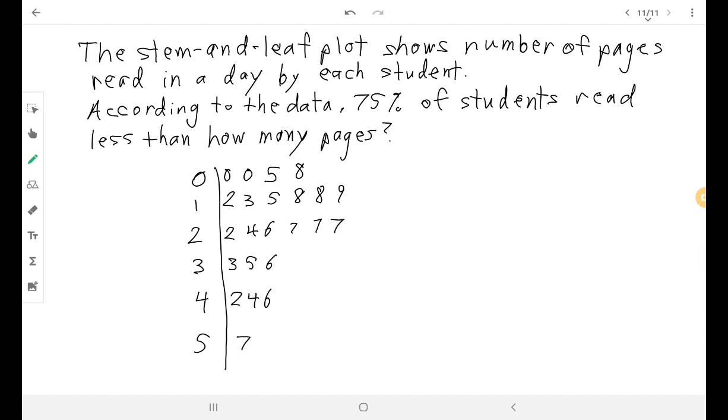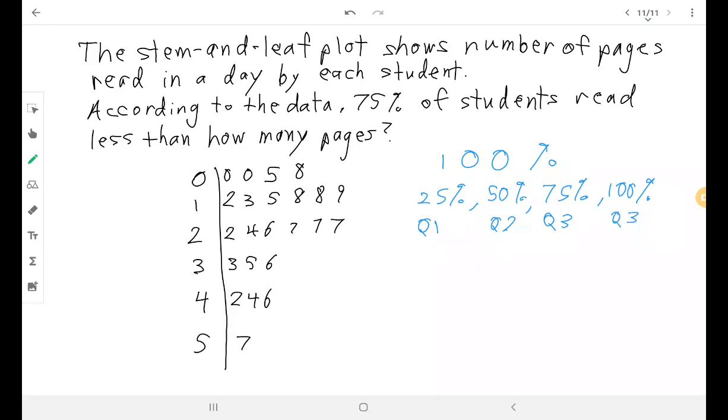If I split 100% into 4 parts, it'll be 25%, 50%, 75%, and 100%. And those are your Q1, Q2, Q3, Q4.